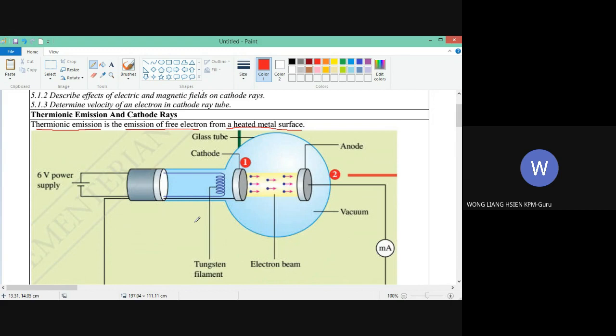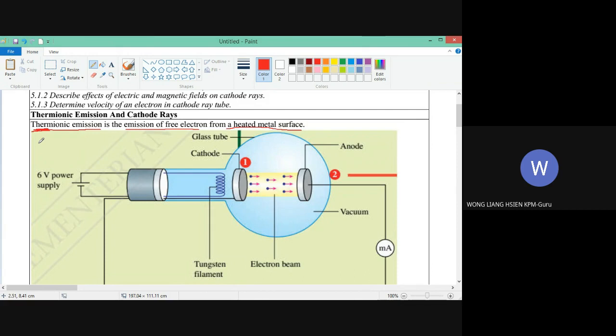This effect we call thermionic emission, because the electron is emitted. The surface of the metal can emit electrons through heating. That is why there is the word thermionic in the term. The word therm here refers to thermal or heat.